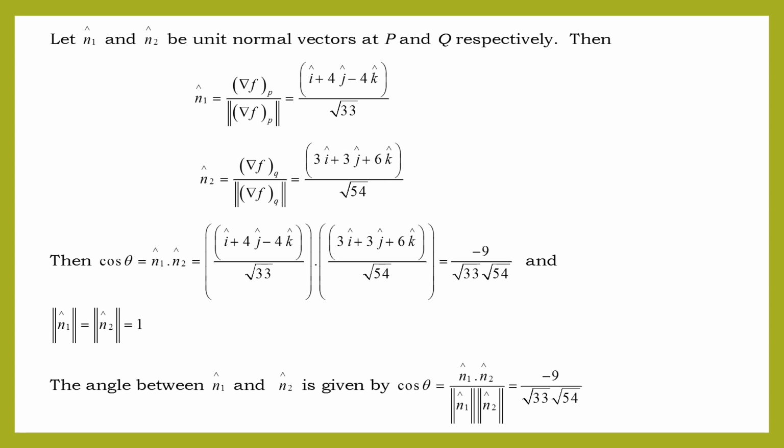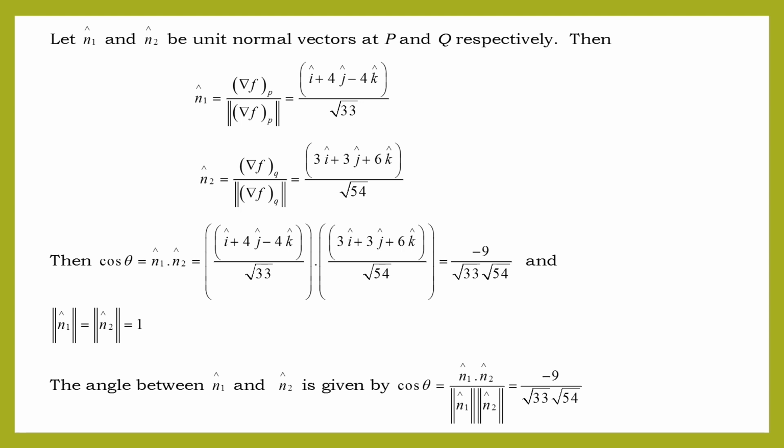Let n2 cap denote the unit normal to the surface f of x comma y comma z equals xy minus z square at the point Q 3 comma 3 comma minus 3. Now how to find n1 cap and n2 cap? n1 cap equals del f at P whole divided by norm del f at P. So we have to find out norm del f at P at first.